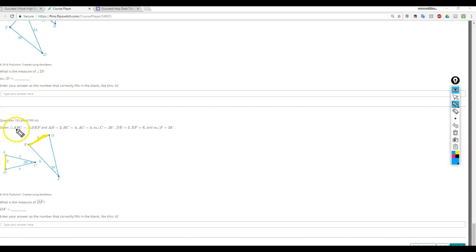And then BC, our second vertex to the third vertex, is going to be corresponding to EF, which is our second vertex to the third vertex. And then we are left with C to A, which is the third vertex to the first vertex, and F to D, which is the side length of our third vertex to our first vertex. So now we have our corresponding sides marked, and we want to find DF.